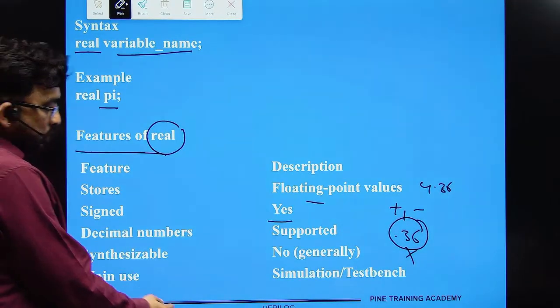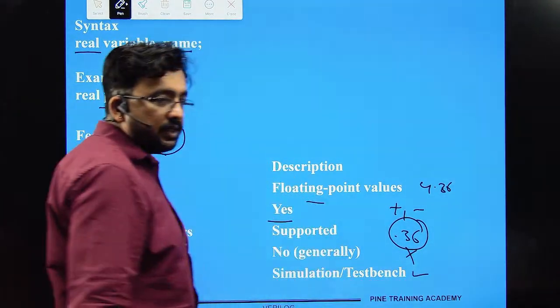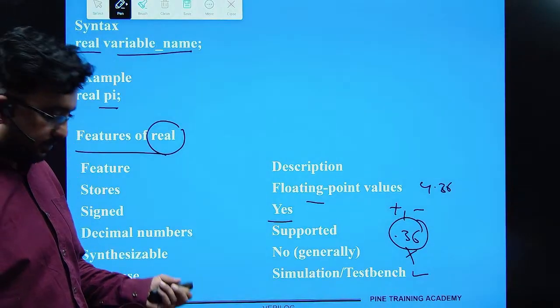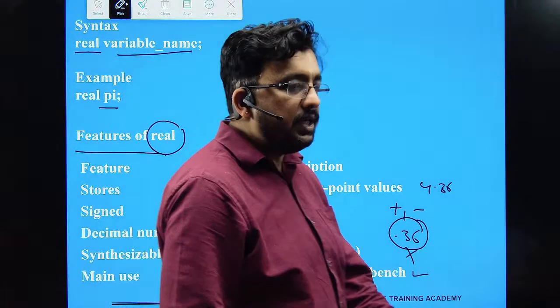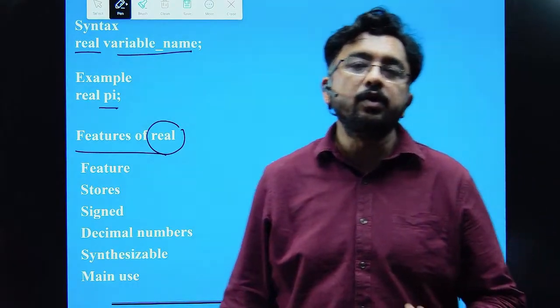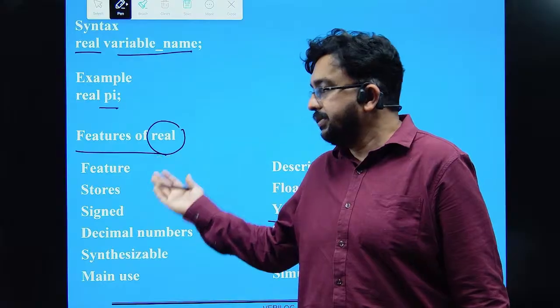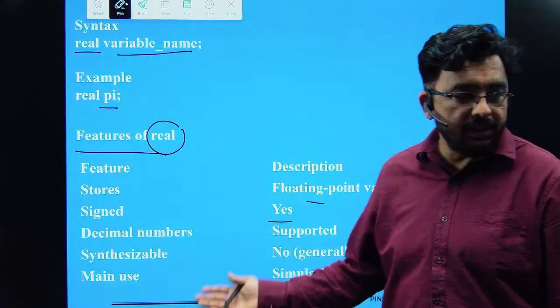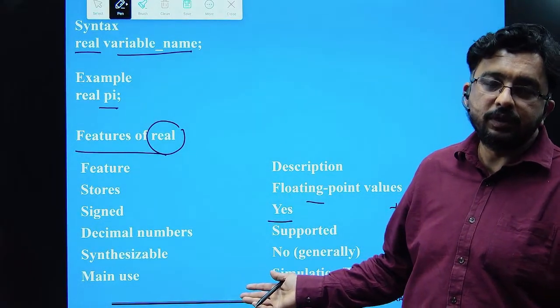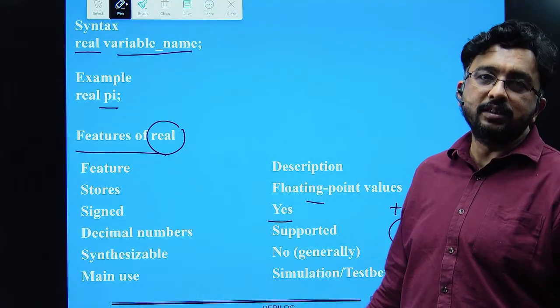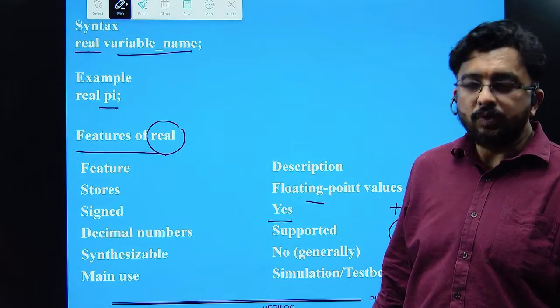It is mainly used for simulation. So all these are interview questions. If you want to check the level of your friends or your juniors, you can ask the question this way: is the real data type synthesizable or not?